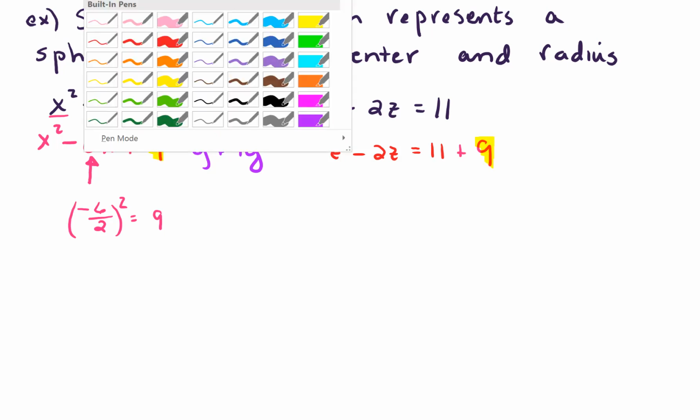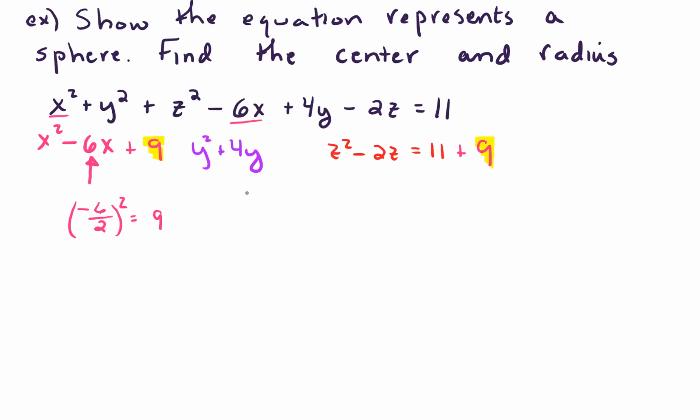Okay, so let's do the same thing for our b term, the coefficient sitting on the linear term here. We go b over 2 squared, and that turns out to be 2 squared, which is 4. So I'm going to add 4 to both sides of the equation. So just highlight that we did that.